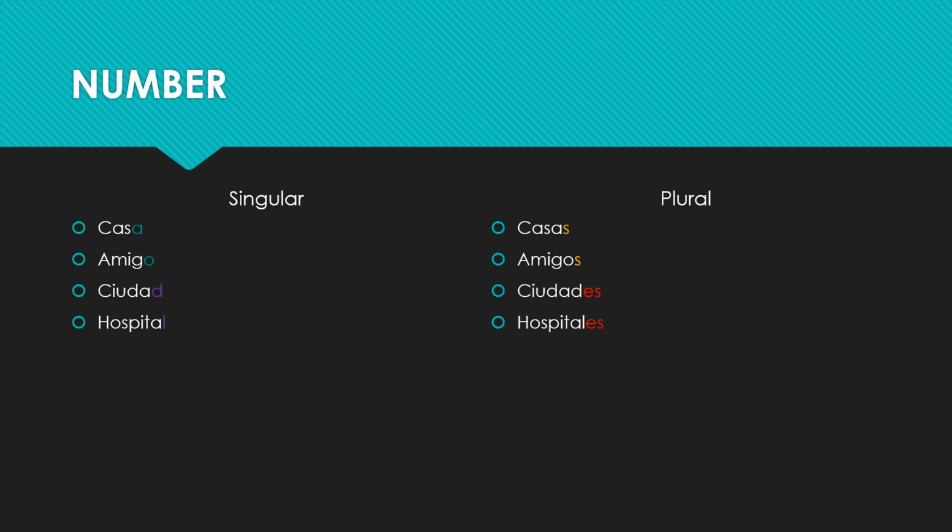Now, if the word ends in a consonant, like in the case of ciudad or hospital, you will need to add an ES. So we have ciudad becomes ciudades, hospital becomes hospitales. Just take a minute to think about that.